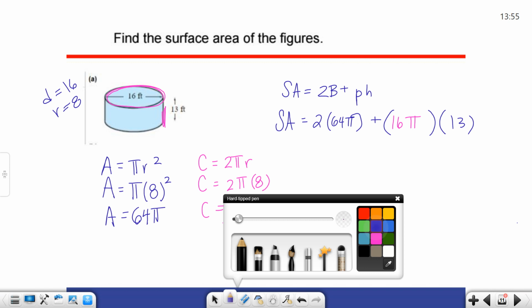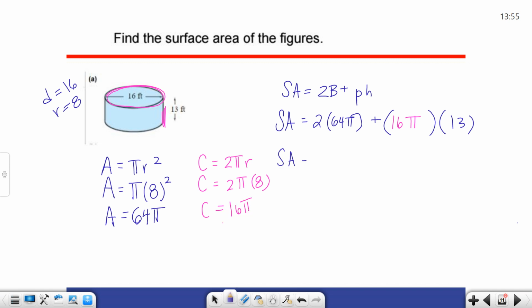Now this is one of those where it's probably going to ask you for the nearest integer, so just use your pi key in your calculator. 128 times pi would be 402.12. 16 times pi times 13 would be 653.45.